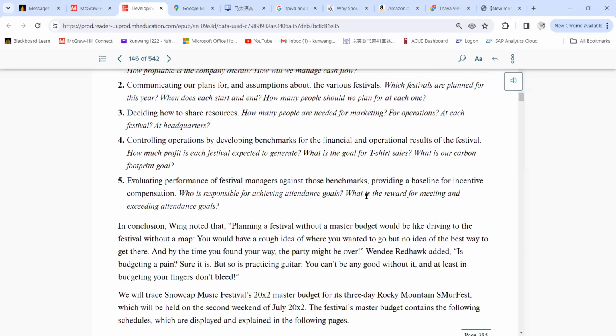And finally, evaluate the performance. After you close the loop by evaluating the performance, we can improve the planning for the next budgeting cycle. Also, performance evaluations like this are related to bonuses or benefits, which is tied into the employee incentives.